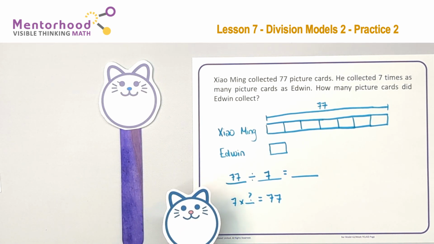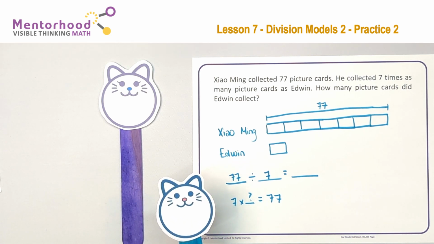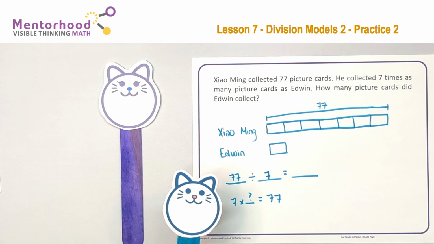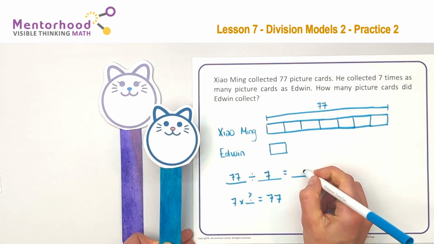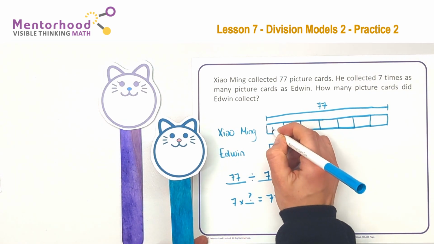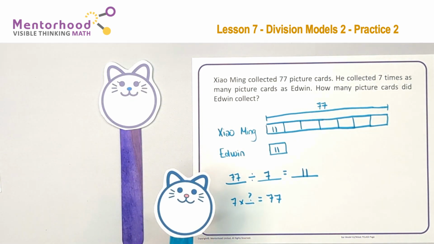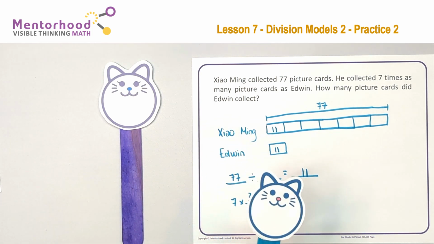I'll give you a moment to try it, and then you can give me your answer. Ready? The answer is 11. So each one of these boxes is 11, which means Edwin's box is 11 as well. Okay, let's write that into a statement.